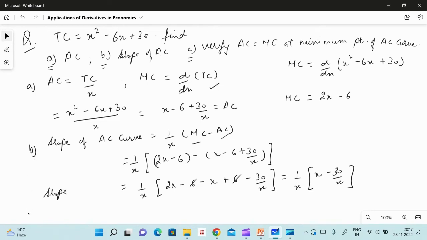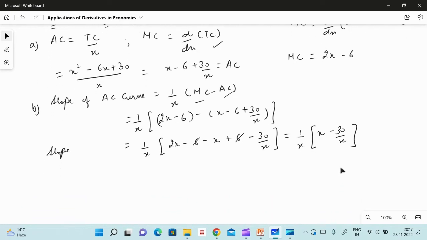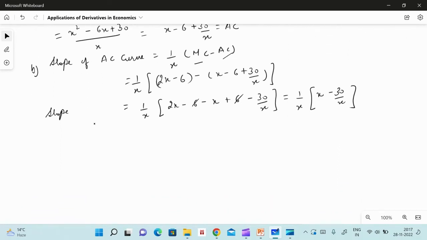Next, we have to verify that average cost is equal to marginal cost at the minimum point of the average cost curve. For the average cost function to be minimum, we take the slope of the average cost curve equal to 0, right?